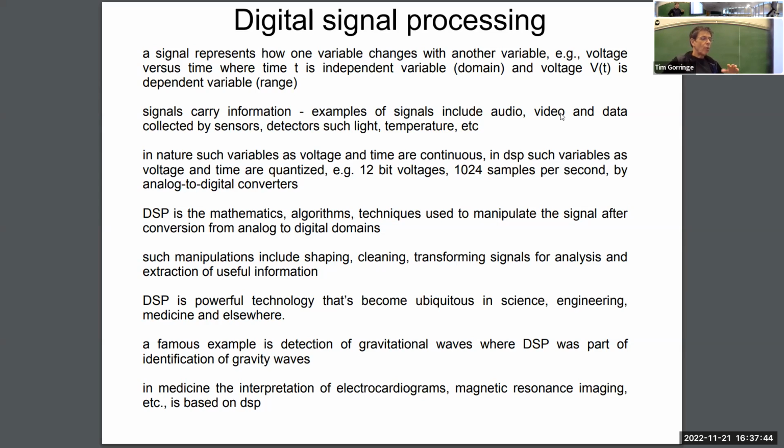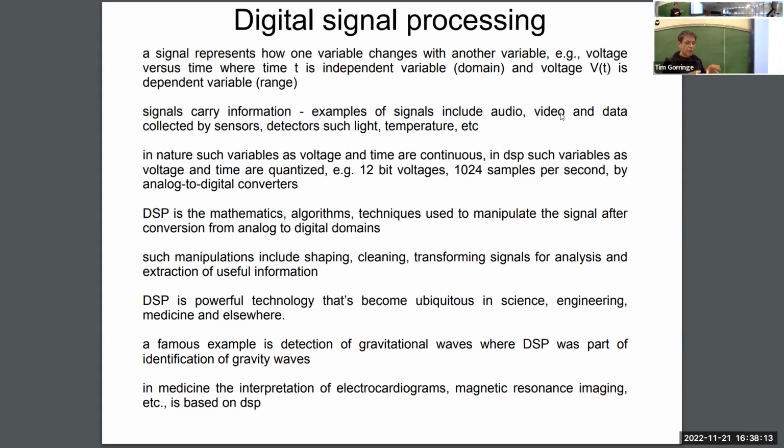So in that way, both the voltage and the time are quantized in digital signal processing. Digital signal processing itself is really just a combination of mathematics, algorithms, techniques, computing to process or manipulate your digital signals in that digital domain.